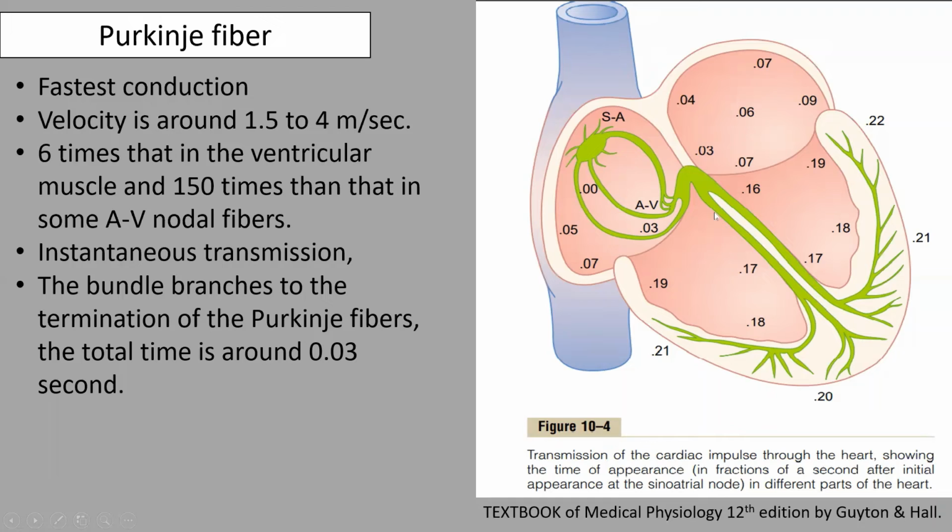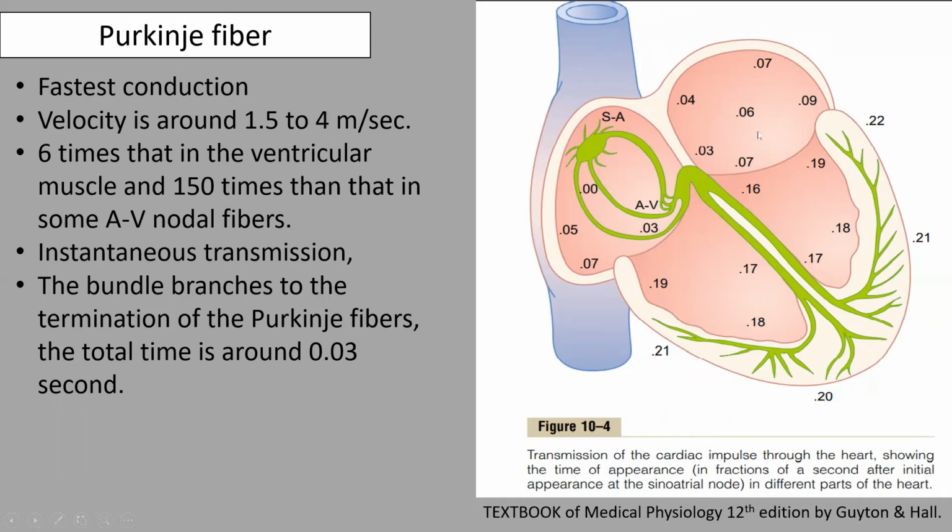So here, as soon as the current comes to the AV bundle branches, after crossing the penetrating portion of the AV bundle, the transmission is very fast. It takes around 0.03 second to reach the end portion of the Purkinje fiber. So as soon as they cross the penetrating portion of the AV bundle, the transmission is very fast.